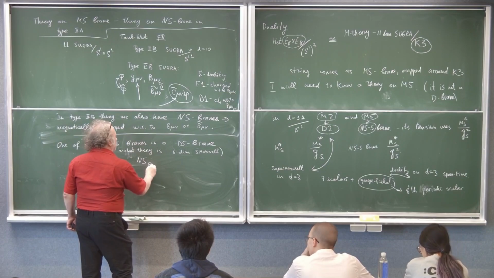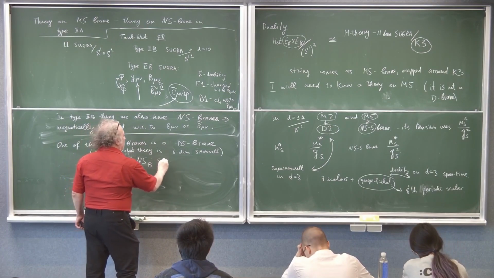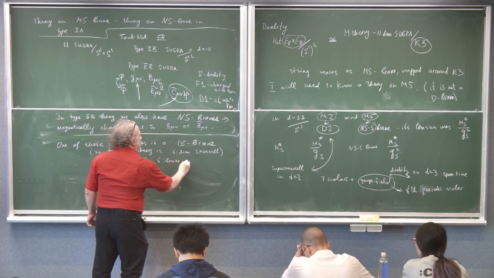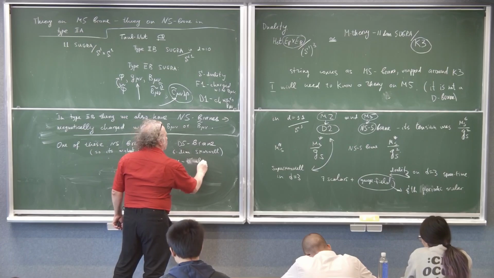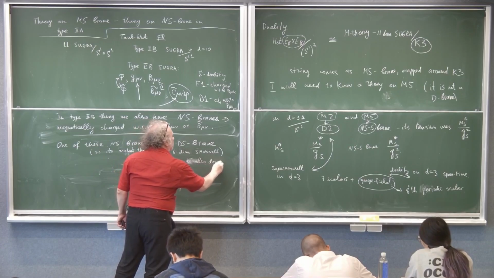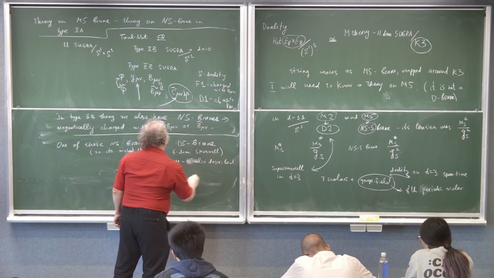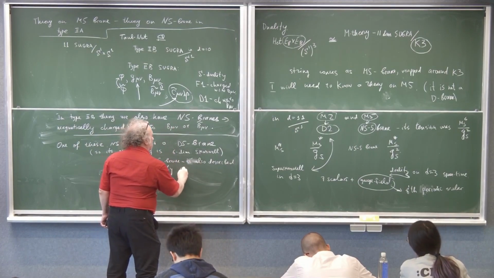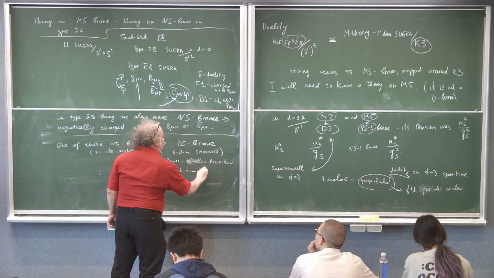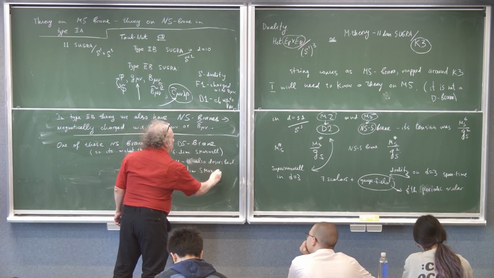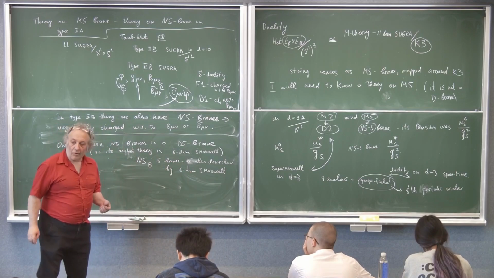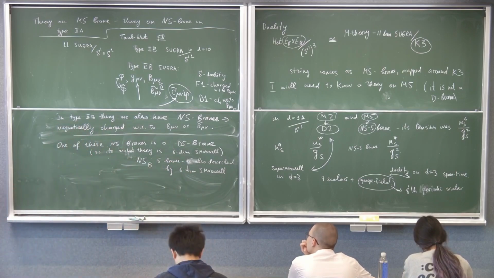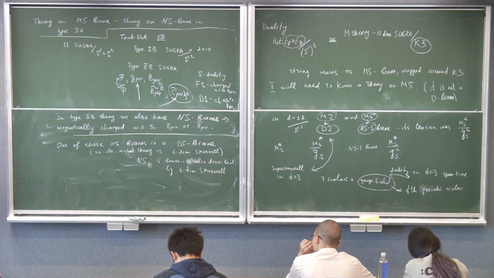So the NS5 brane is also described by six-dimensional super Maxwell. However, do we get from this any information about the M5 brane? No.